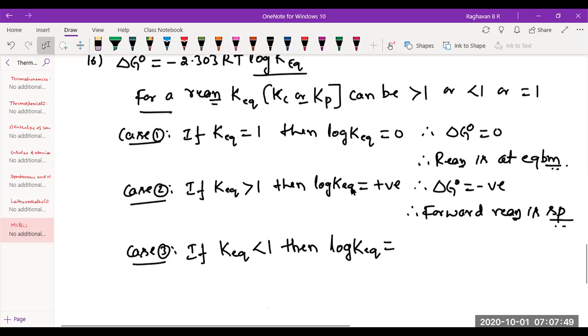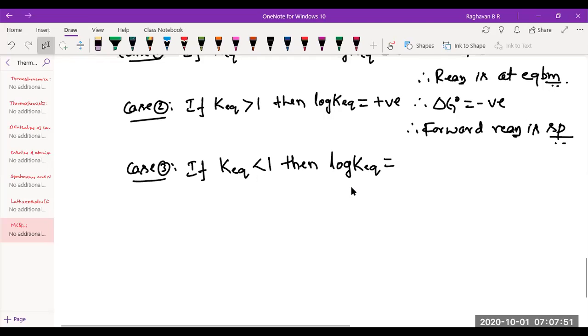For example, fractions. When you take the log of a fraction, it becomes negative. So in the equation there is a negative sign. Therefore, delta G naught is minus times minus, which becomes positive. Therefore, the forward reaction is non-spontaneous.